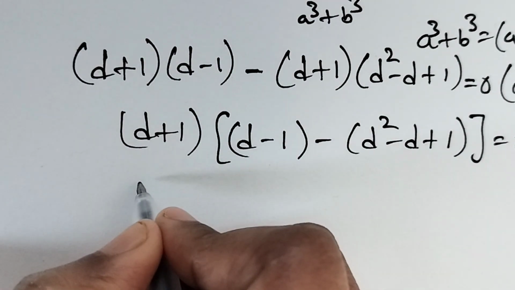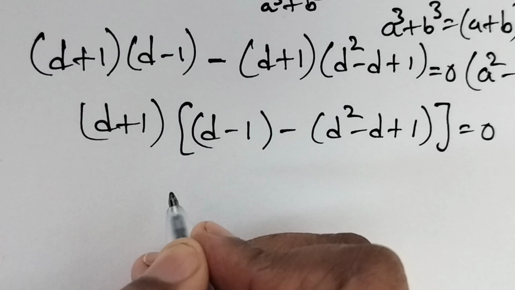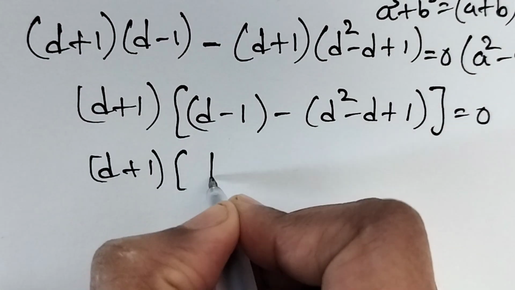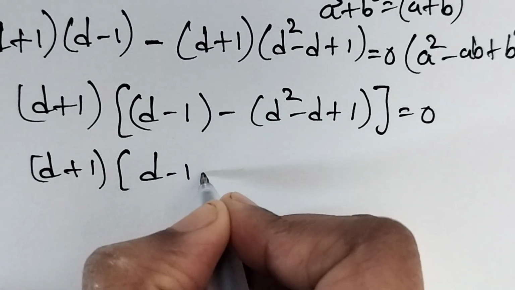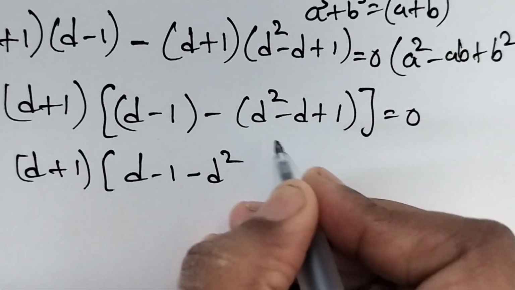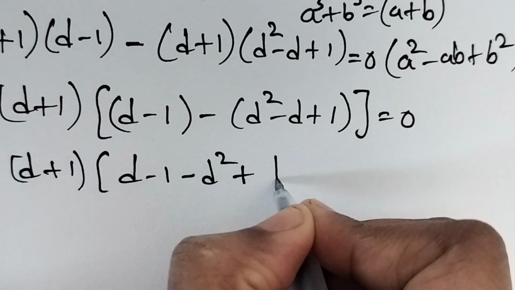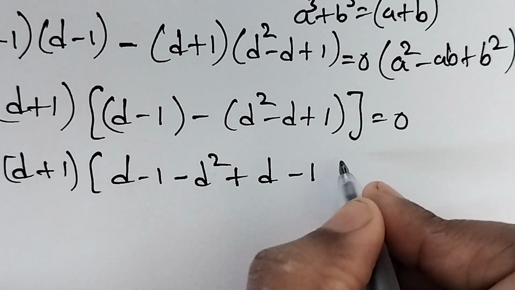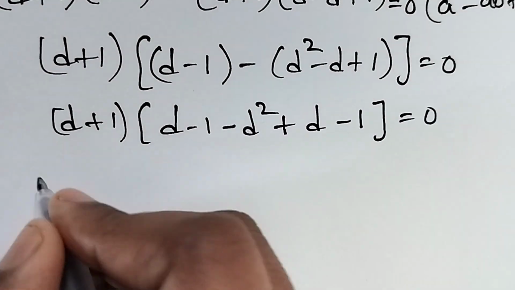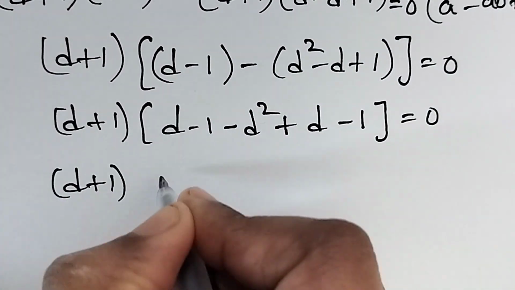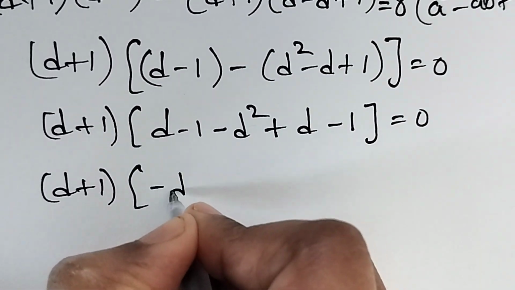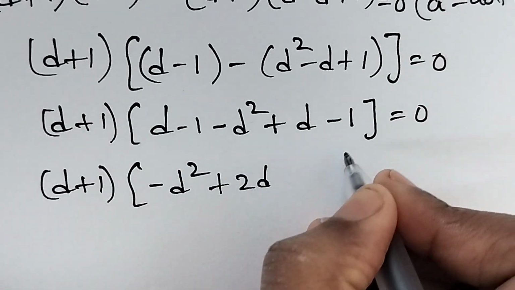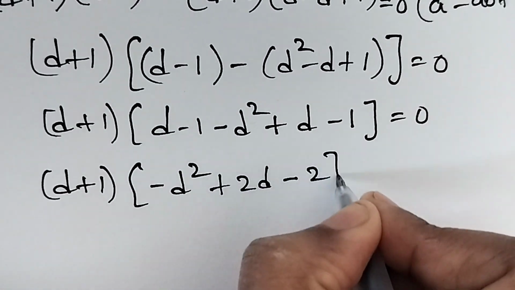So d plus 1, then d minus 1, minus d square, minus becomes positive, plus d, minus 1 is equal to 0. So d plus 1, then minus d square, d plus d is equal to 2d, and minus 1 minus 1 is equal to minus 2, is equal to 0.